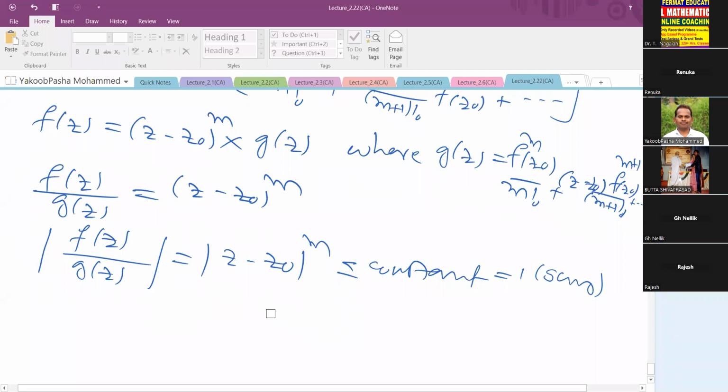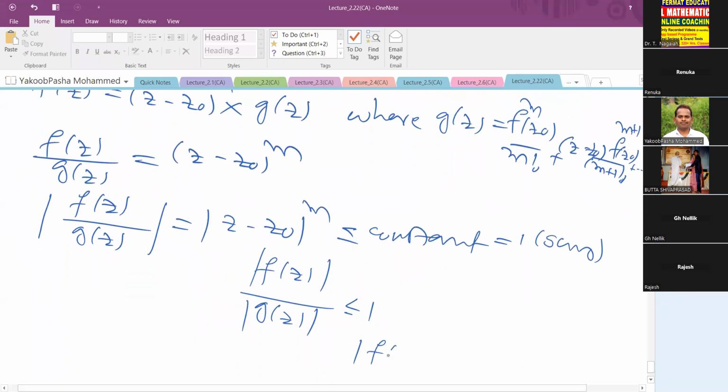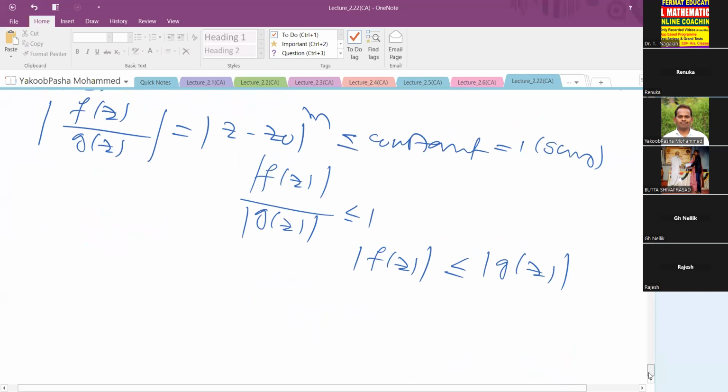Modulus of f of z divided by modulus of g of z is less than or equal to 1. That means modulus of f of z is less than or equal to modulus of g of z. That means this condition is satisfied.